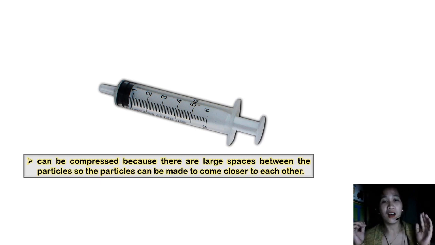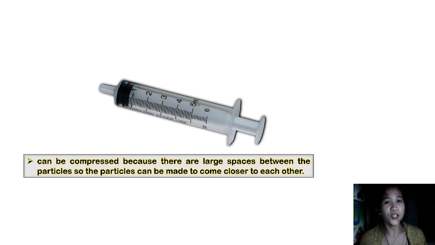However, we were not able to push the plunger of the syringe with water in it. By the time we put water in the syringe, we were not able to push the plunger. Why? We felt the resistance of the water to being compressed.